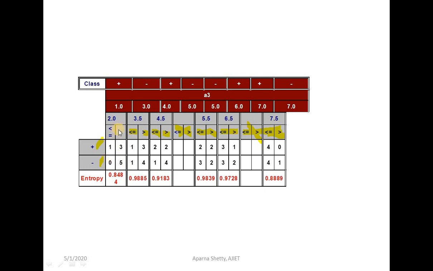Next, count the number of records in the table that are greater than 2 and belong to class plus. How many records are there that are greater than 2 and belong to class plus? And how many records are there that are greater than 2 and belong to class minus?